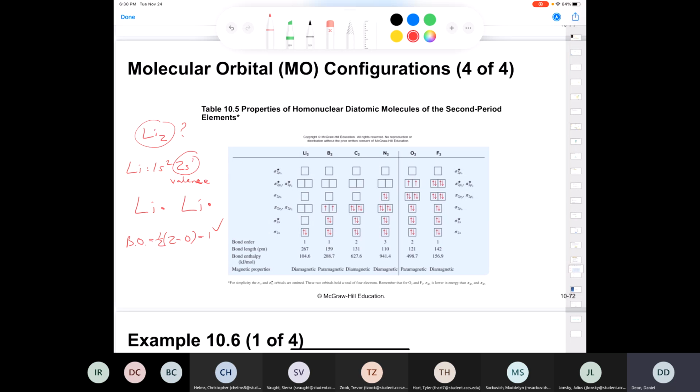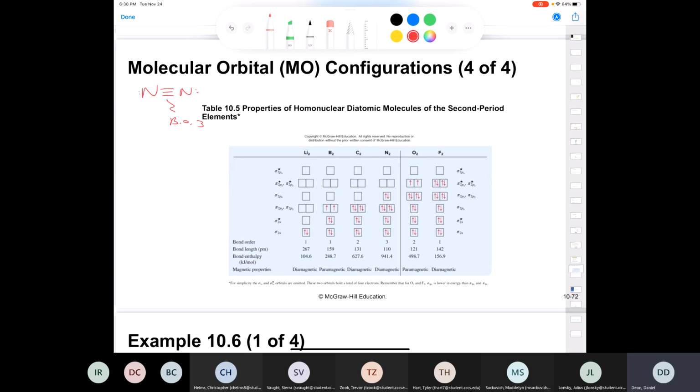Let's try another one, and I'll erase all this. While I'm erasing, you can maybe think about it. What about dinitrogen? Does that exist? We drew the Lewis structure of nitrogen and showed that it had a triple bond, which would mean a bond order of 3. Does molecular orbital theory prove that?